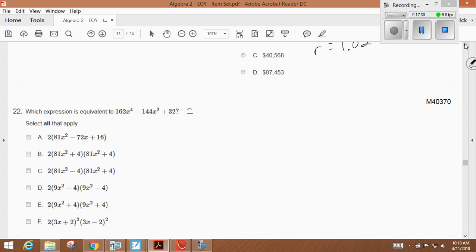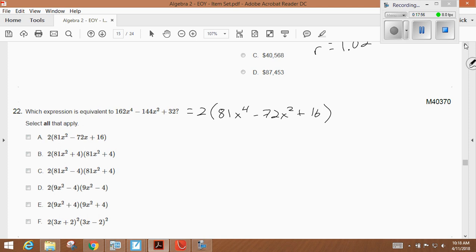So then this is going to be equal to 2 times, 162 divided by 2 is 81, 144 divided by 2 is 72, and 32 divided by 2 is 16.